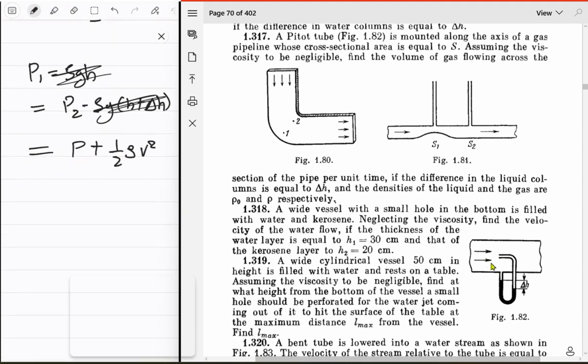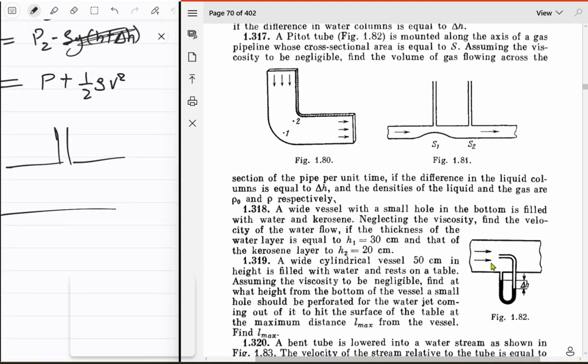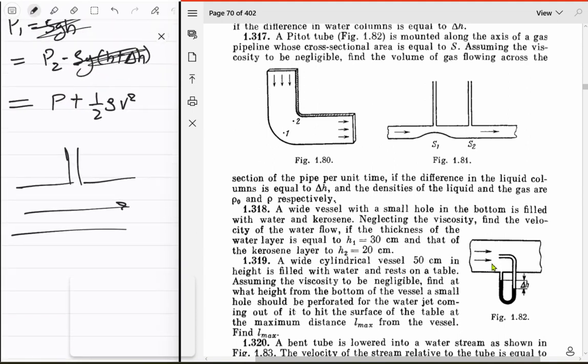So you have this scenario: you have flow like this, and then you have this point. Can you apply Bernoulli's equation between these two points? There's no streamline connecting these two. Sure. So how do you get it done?